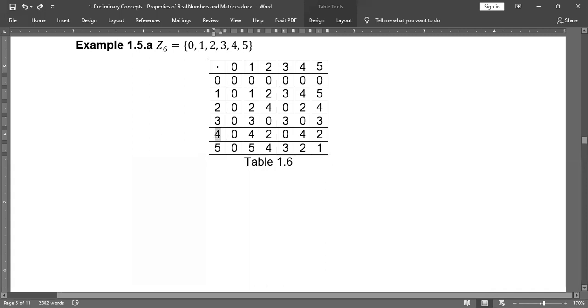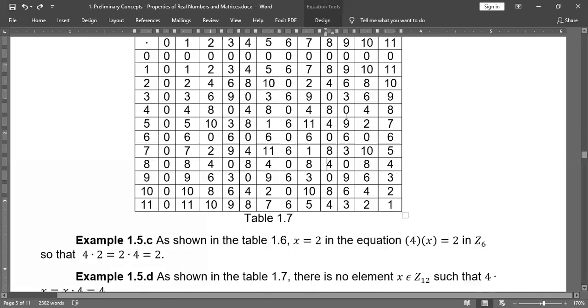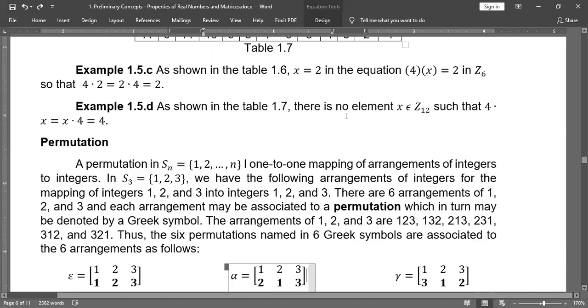So, 4 times 5 will also give us 2. Possible siyang more than 1. So, pwedeng x is equal to 2 or x is equal to 5.